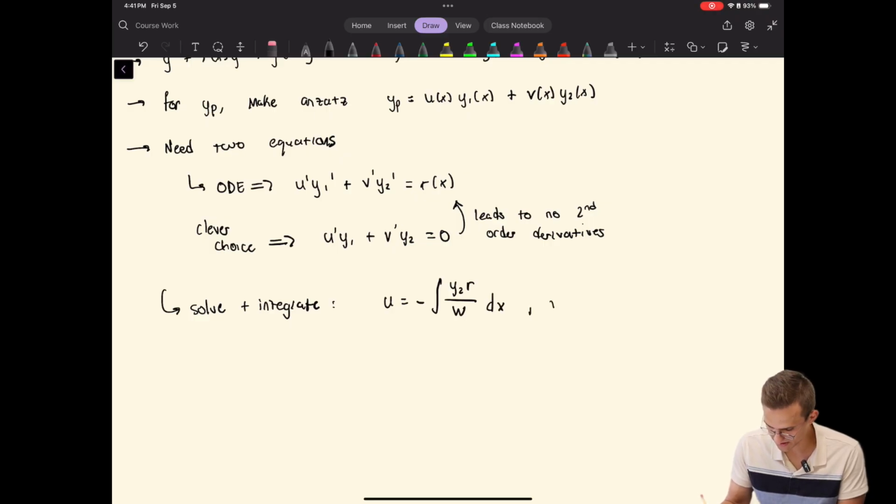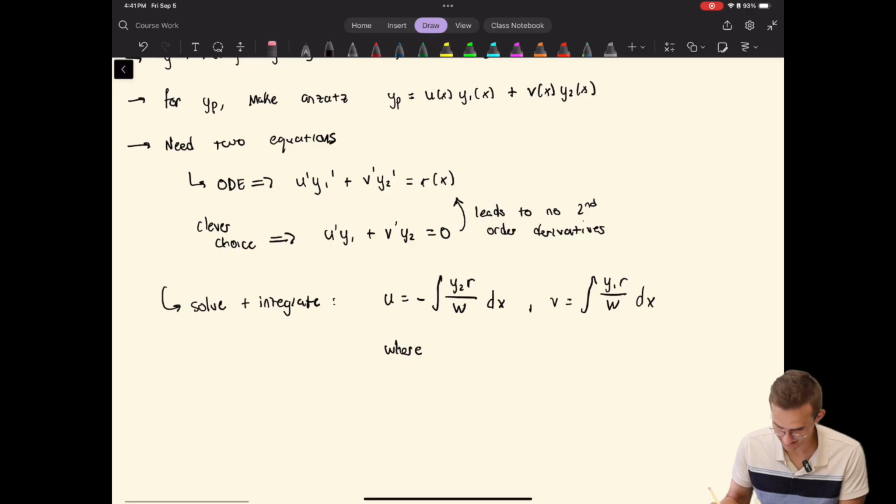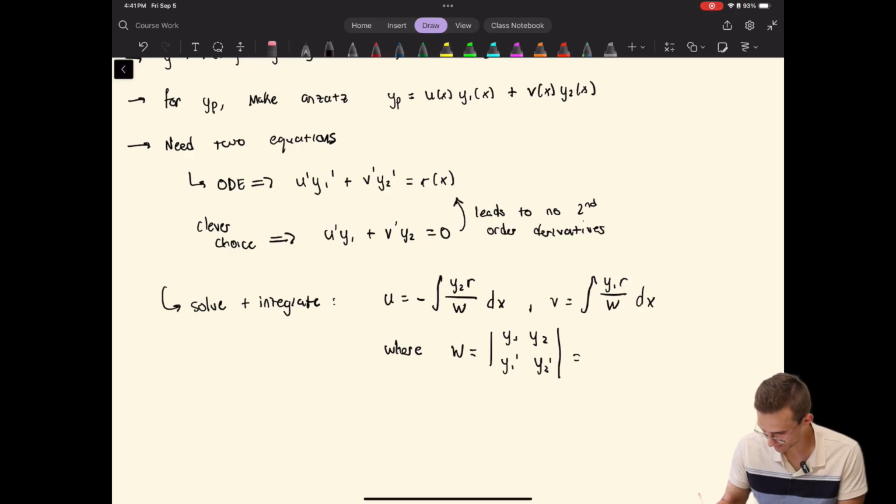And v is equal to the integral of y1 times r over w times dx, where w is called the Wronskian, which is the determinant of the matrix y1, y2, and y1 prime, y2 prime. So that's y1 times y2 prime minus y2 times y1 prime is the Wronskian.